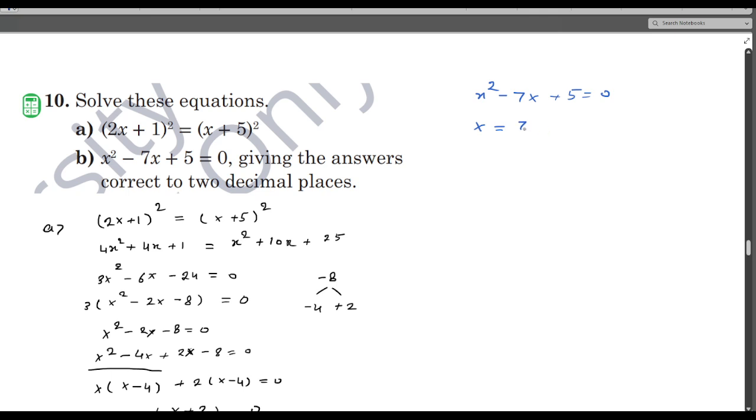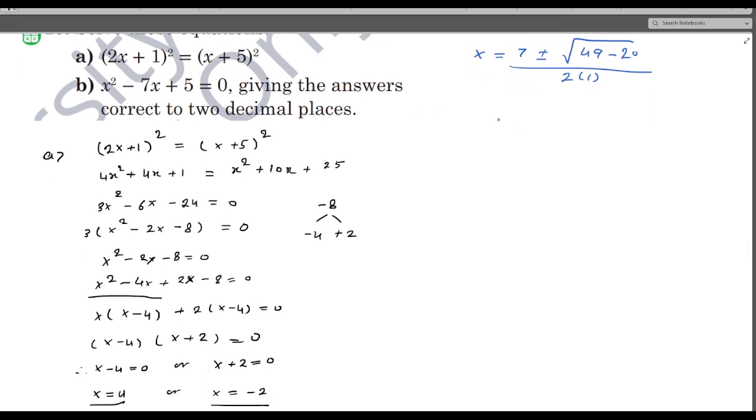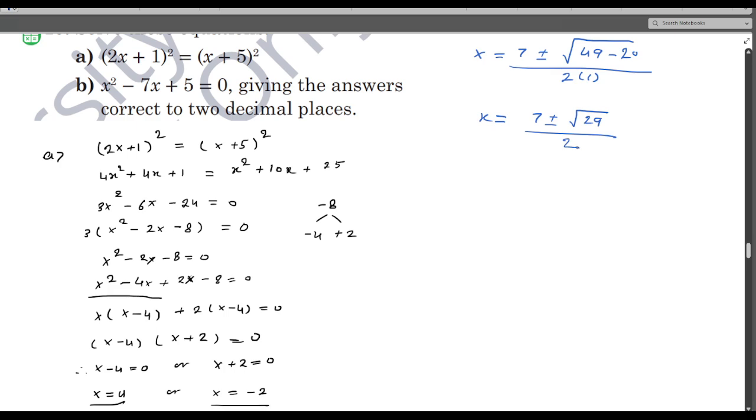x is equal to 7 plus minus root of 7 square is 49 minus 4 times AC, 4 5 are 20, whole divided by 2 times A is 1. Okay, so this is 7, x is equal to 7 plus or minus root 29 divided by 2. So one value is 7 plus root of 29 whole divided by 2.